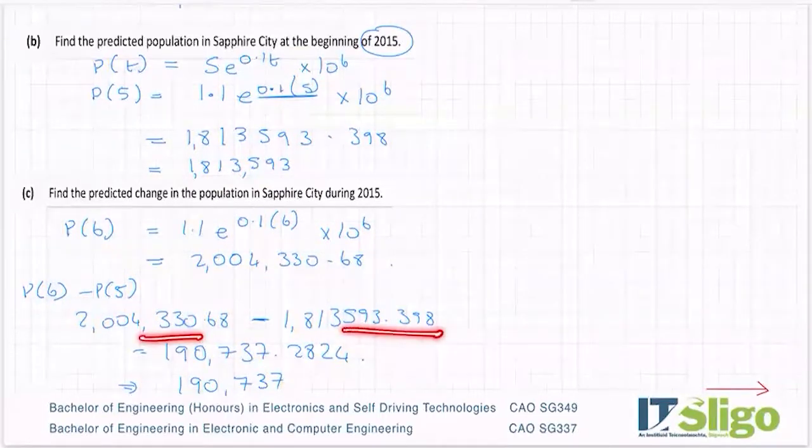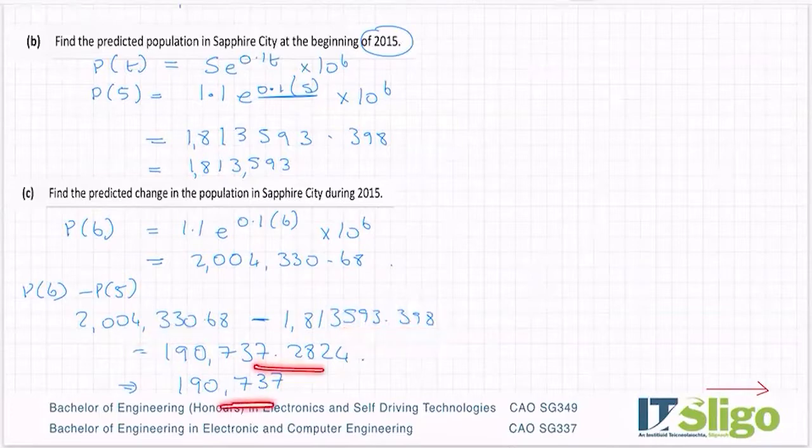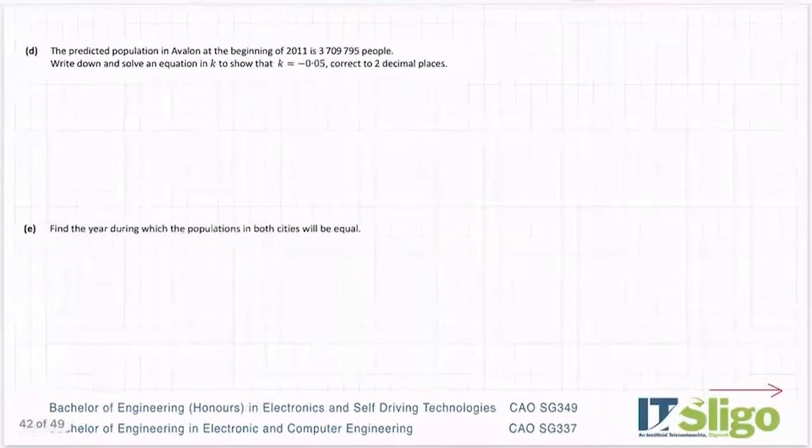I use the non-rounded numbers, and then I round it again at the very end. I'm doing that to avoid rounding rounded numbers, because when you round numbers that are already rounded, you're moving further and further away from the original number. So in summary, during 2015, the population grew by 190,737.